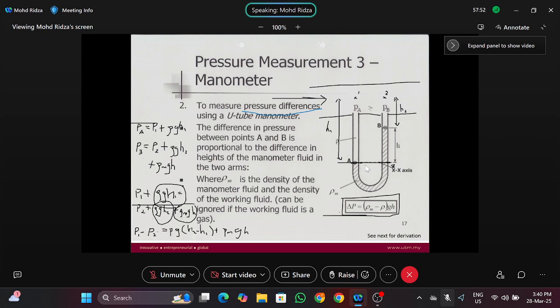H2 minus H1 is equal to what? H2 minus H1, you get negative H.